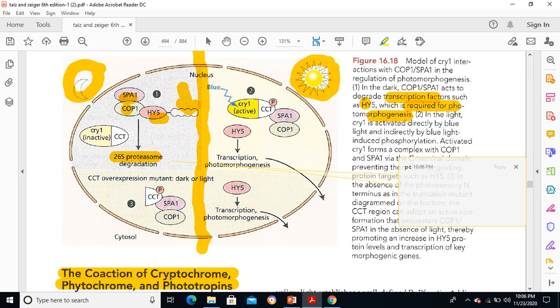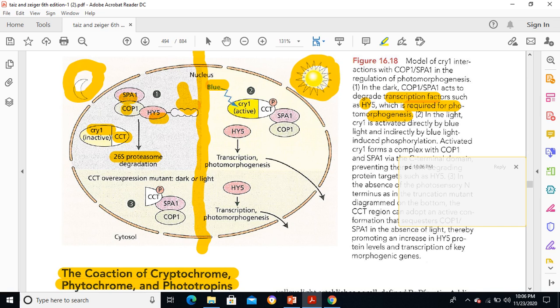Understand? So actually the cryptochromes, I told you, Cry1 has an N-terminal and a CCT domain. No one is there to absorb light because we don't have light in the dark, so they cannot phosphorylate the C terminal. So this is inactive. But what happens in the light is that when sunlight comes, there is blue light.